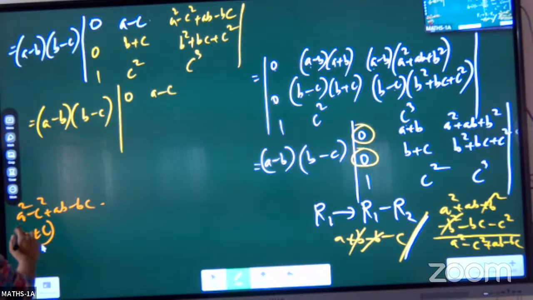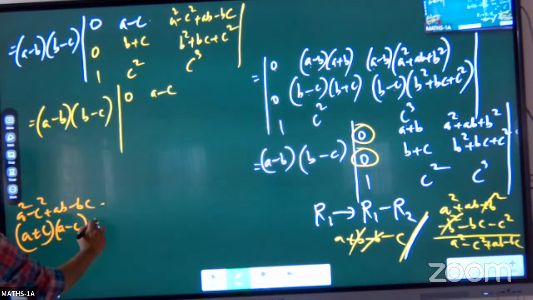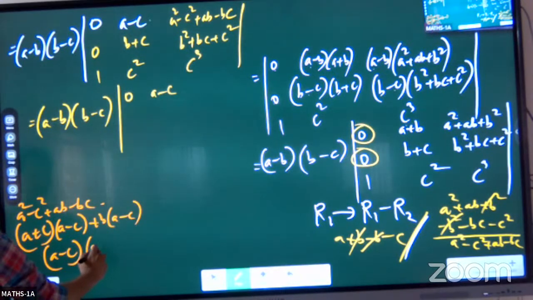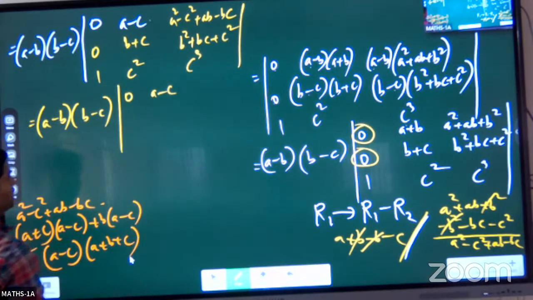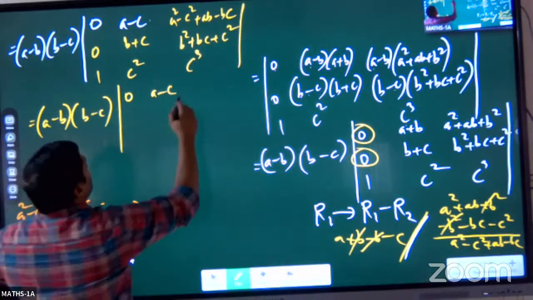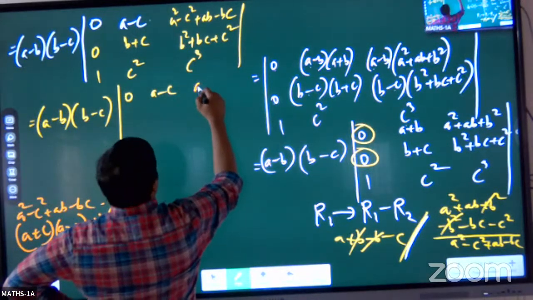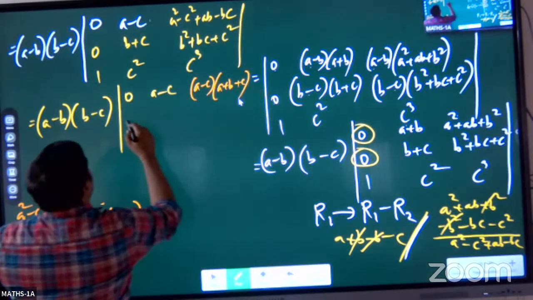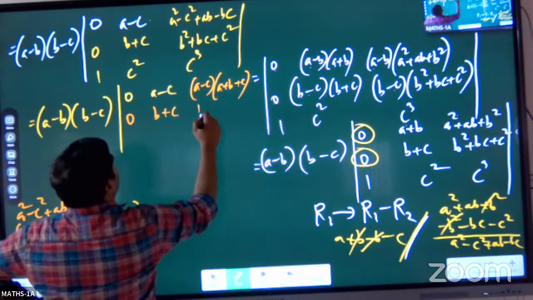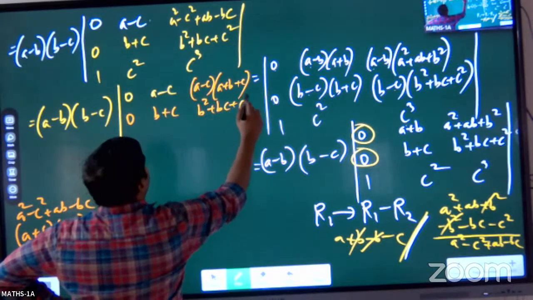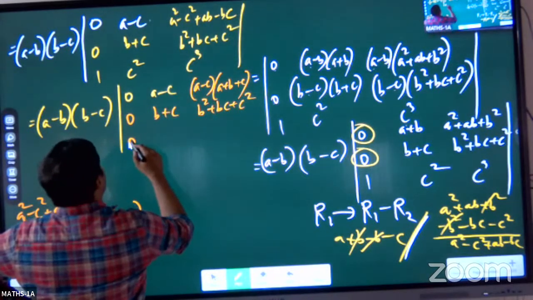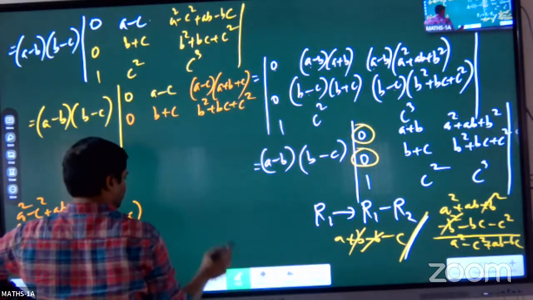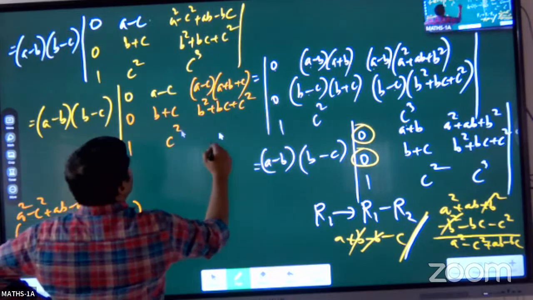This I will write as a plus c into a minus c plus b common a minus c. a minus c common, what I got is a plus b plus c. Is it clear? Right. So this I'm going to write as a minus c into a plus b plus c. 0, b plus c, b square plus bc plus c square, 1 c square c cube.